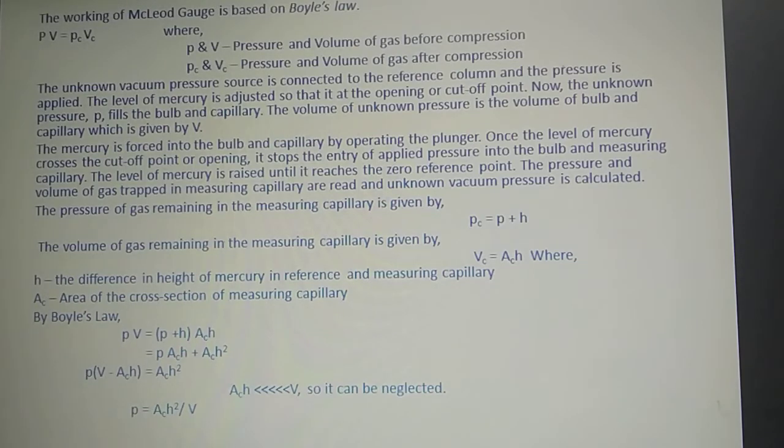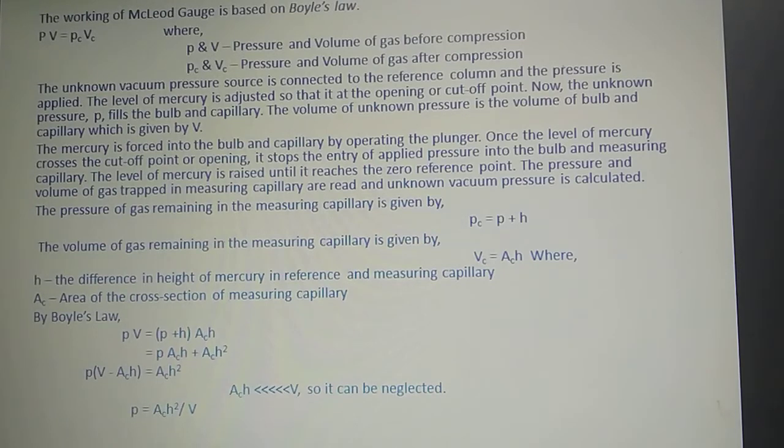And if you multiply AC H into this bracket, then you will get P AC H plus AC H square. And therefore, in the next line, you can write by transferring P AC H of the right hand side to the left hand side and taking out P common, you will get P into (V minus AC H) is equal to AC H square.